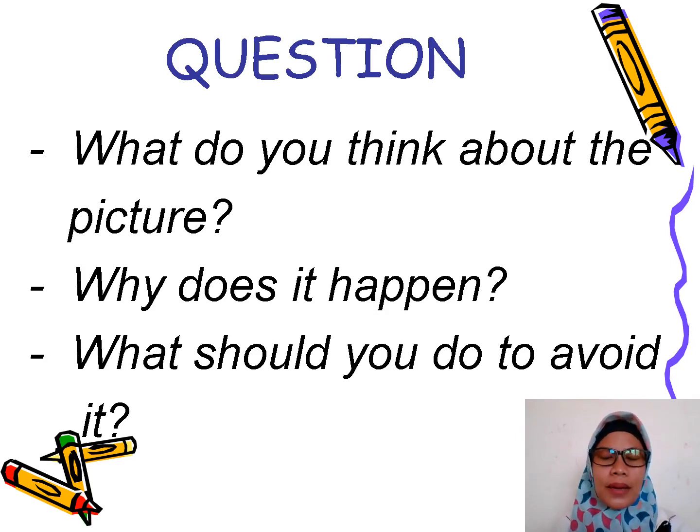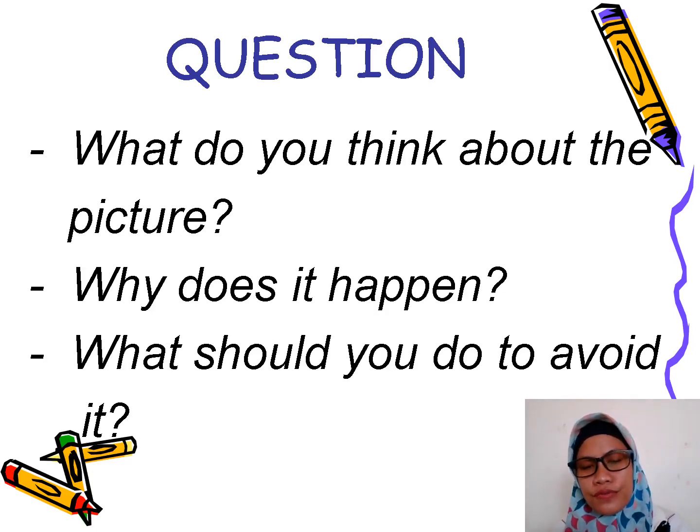Why does it happen? Maybe the food is not delicious. Bisa jadi makanan tersebut tidak enak, or it is salty, atau bisa karena keasinan. Jadi mereka tidak ingin memakannya atau membuang makanan tersebut.